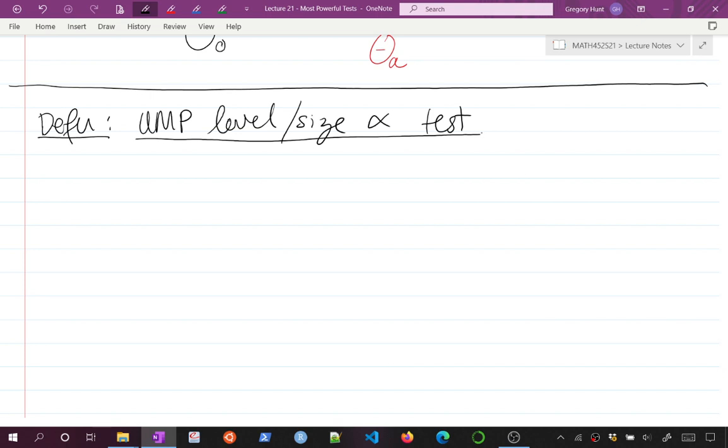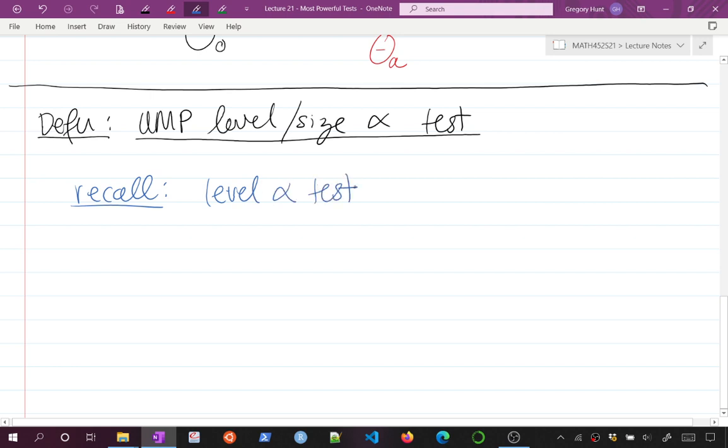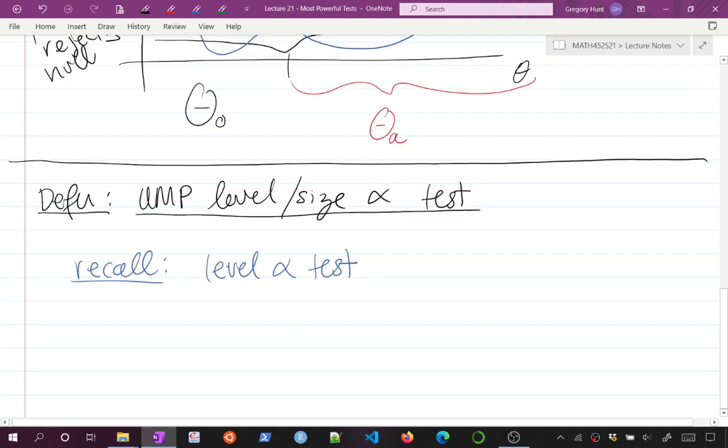So recall that a level alpha test has a maximum probability of rejecting over the null of, well, let's go back.